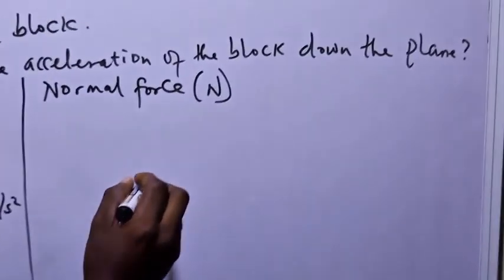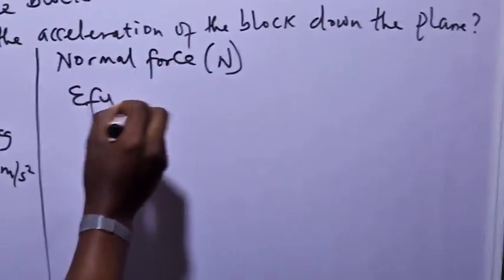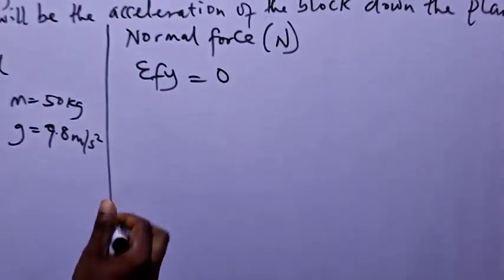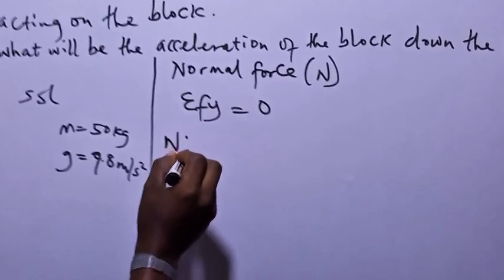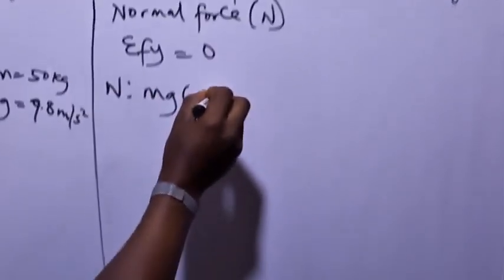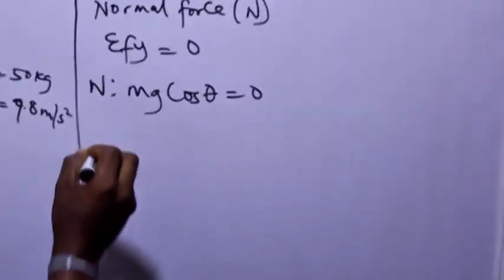Now for this normal force, the summation of F on y is equal to 0 because the body is not going upwards, rather sliding downwards. Normal force here will be N minus mg cos theta equals to 0. That's the angle it forms.